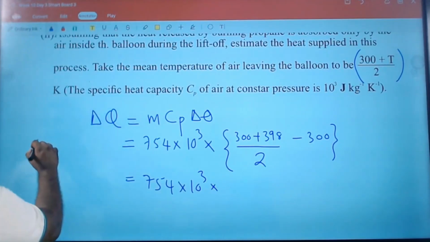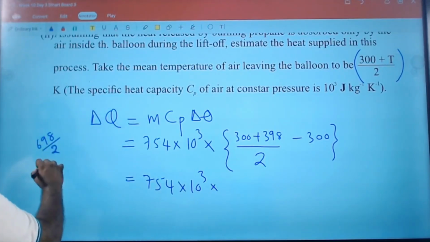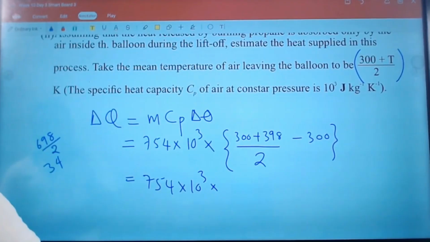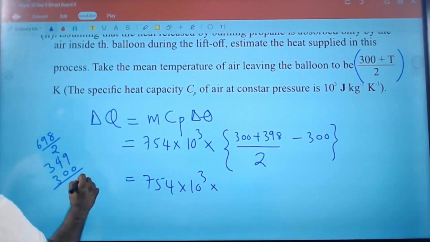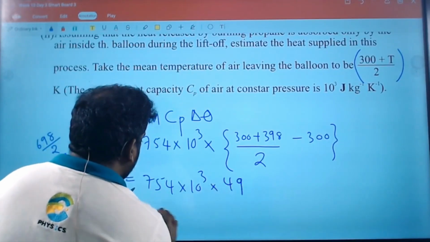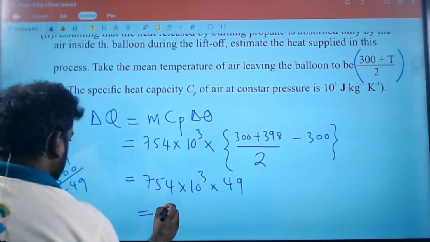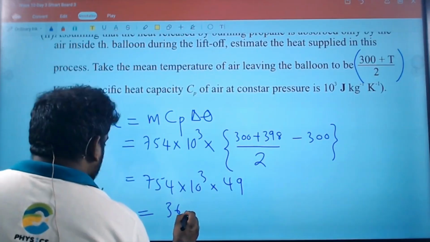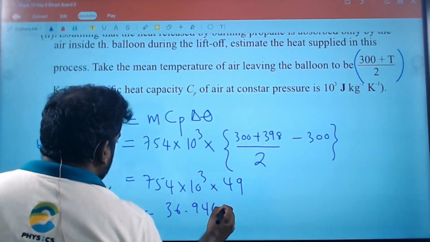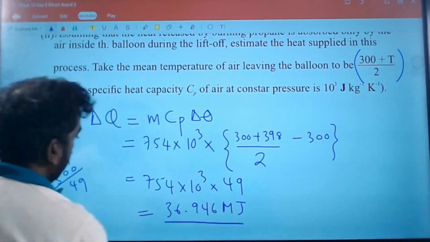How much? 698 over 2 is 349, minus 300, 49. If I multiply 754 by 49, 36.946 megajoule.